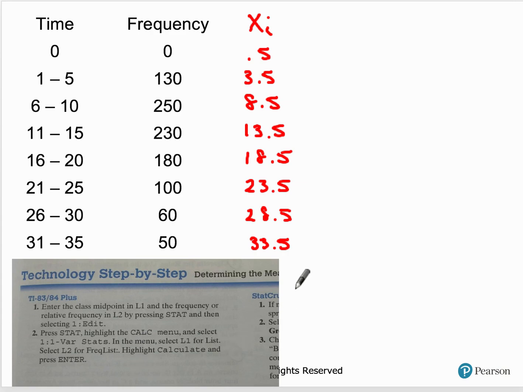So what your calculator now looks like on your screen is this. Okay, and then hit enter.